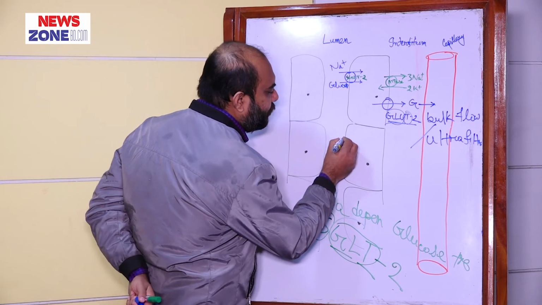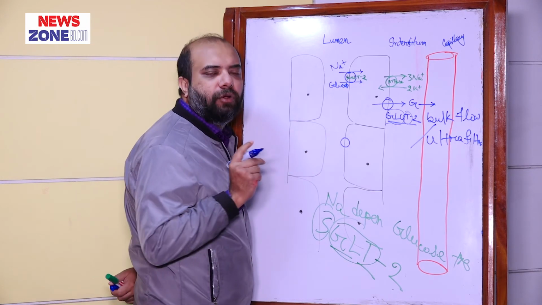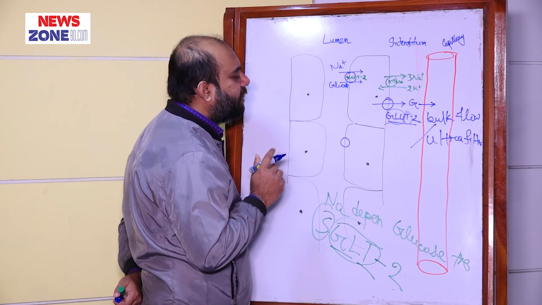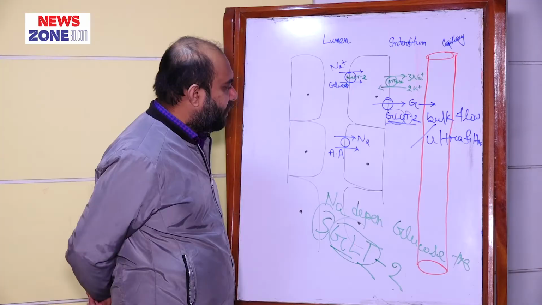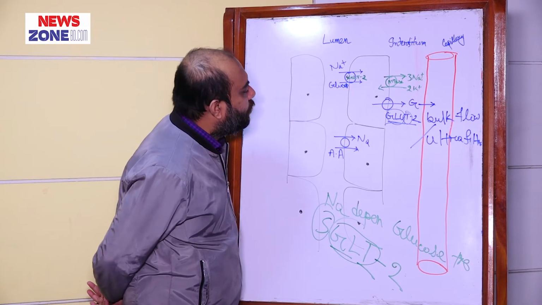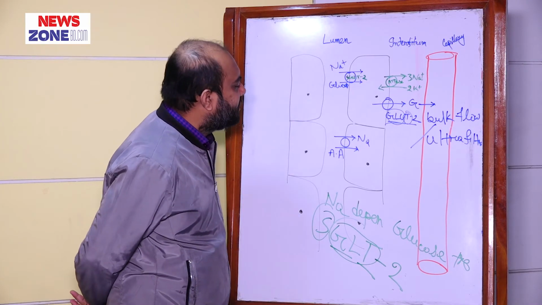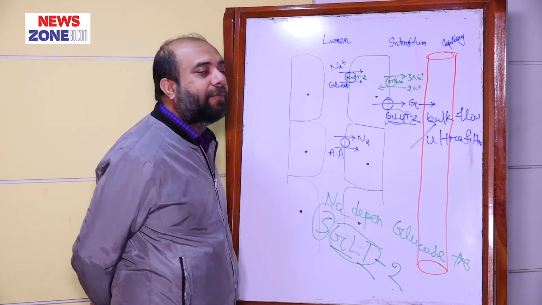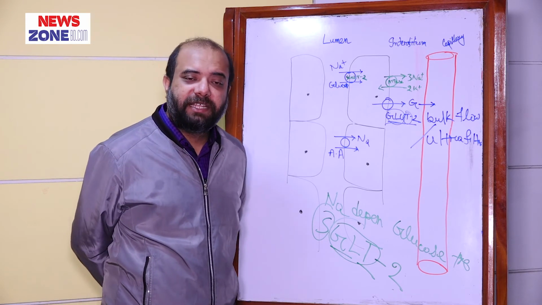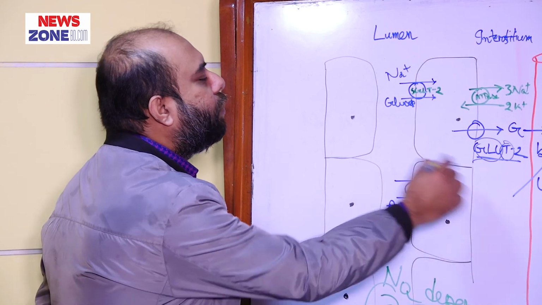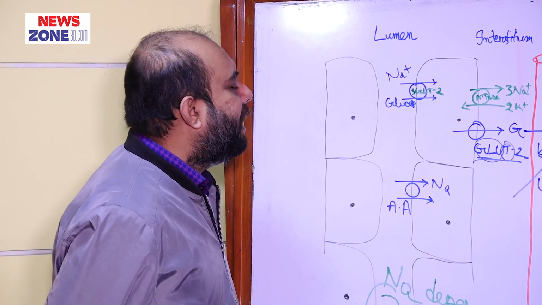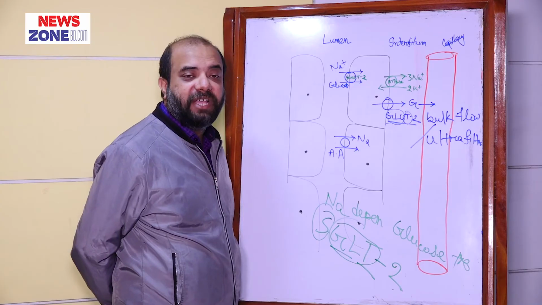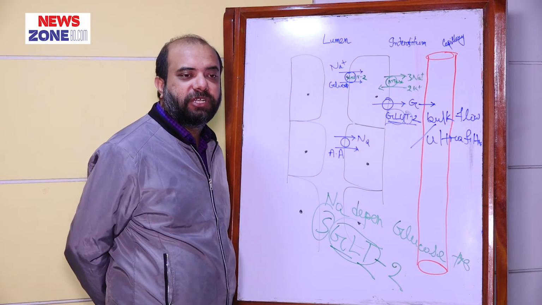There is a transport protein on the luminal surface of the proximal convoluted tubule which has another binding site for amino acid. When the sodium ion is bound with this carrier protein and the amino acid is bound simultaneously, the sodium ion will go along the concentration gradient, and along with sodium the amino acid will be dragged against the concentration gradient.